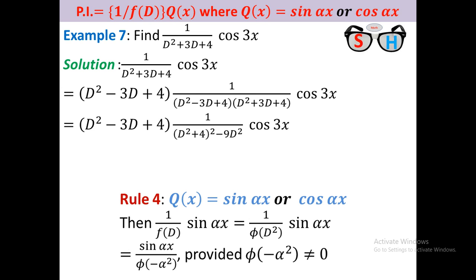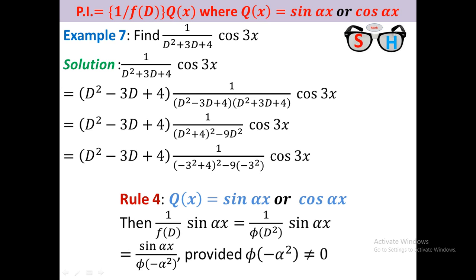So you can use this formula directly on that portion, only on that portion. You have to replace d square by minus 3 square, that is minus 9, by using rule 4. I write: replace d square by minus 3 square.